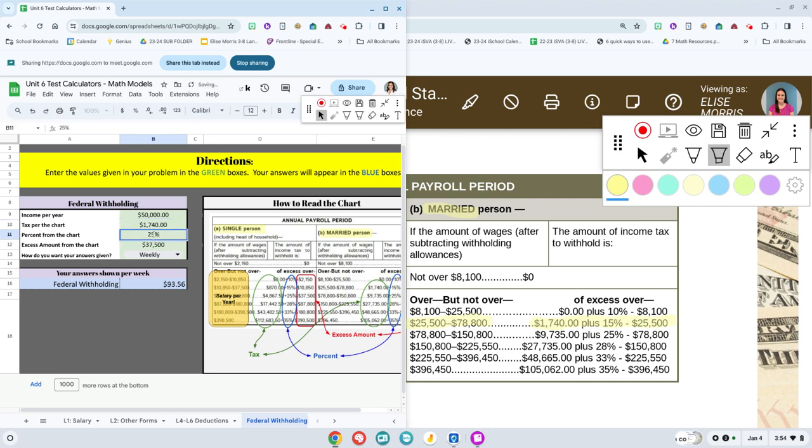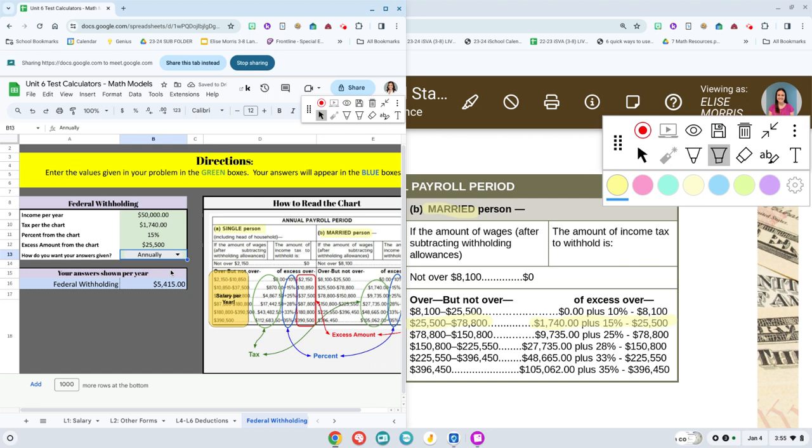Make sure you keep the percent sign or it changes it. This should be 15%. And the minimum amount is $25,500. And we wanted annual numbers, so what we're going to do is select annually. And there it is.